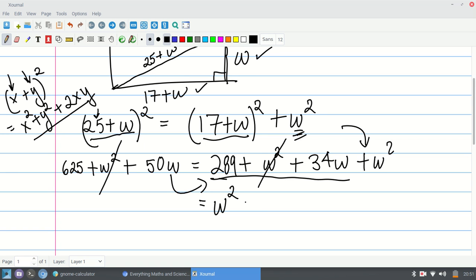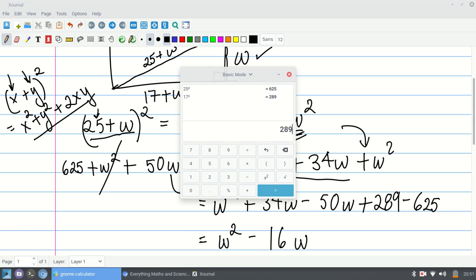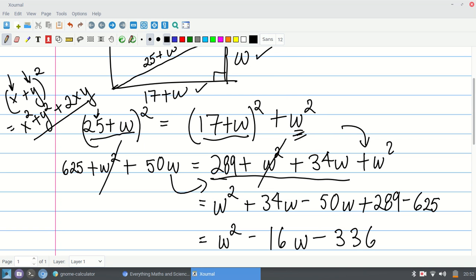Then it is going to be plus 34w, minus 50w, plus 289, minus 625. That's what I get. 34 minus 50 is negative 16w. And 289 minus 625 equals negative 336.